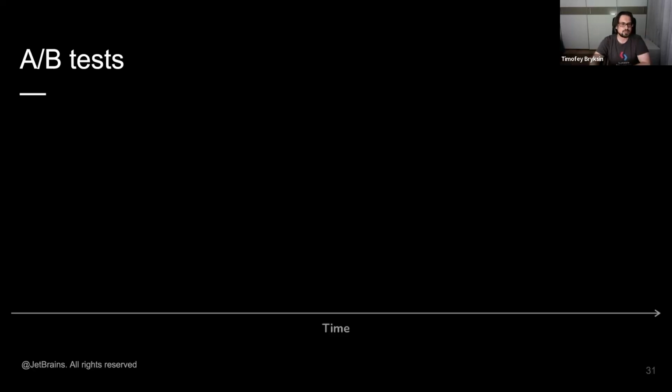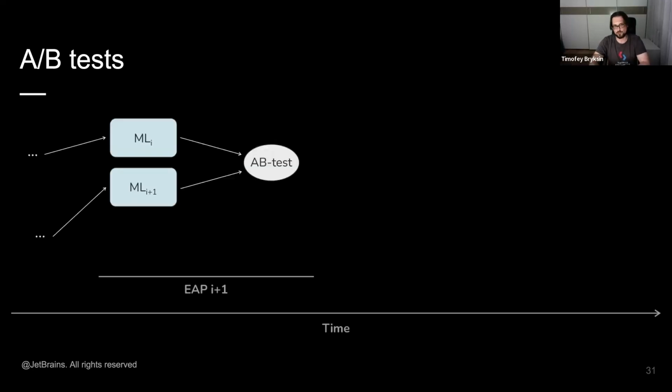In each EAP release, we perform an A/B experiment, which does not happen very often for desktop projects, but still, we randomly split all users into buckets and show them different completion models.